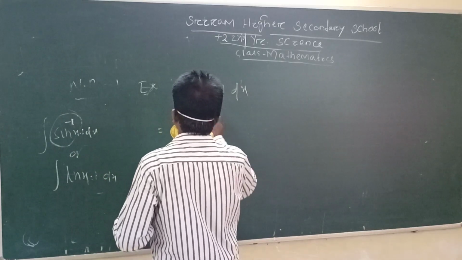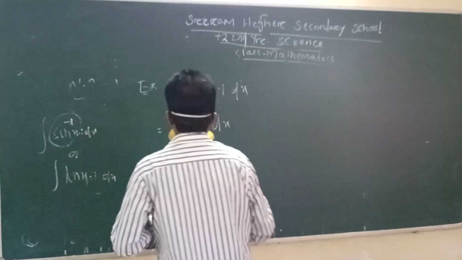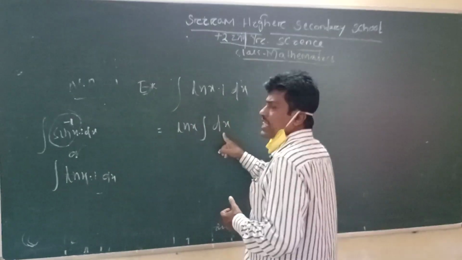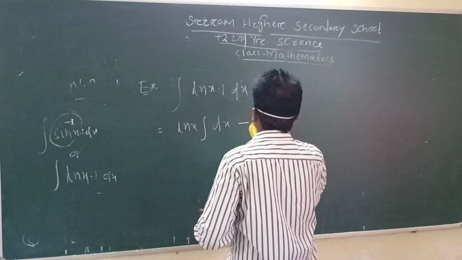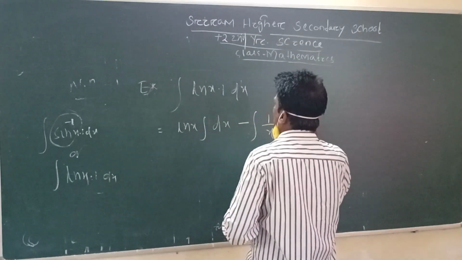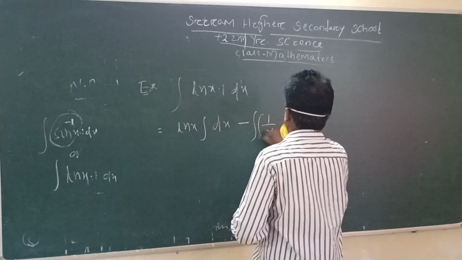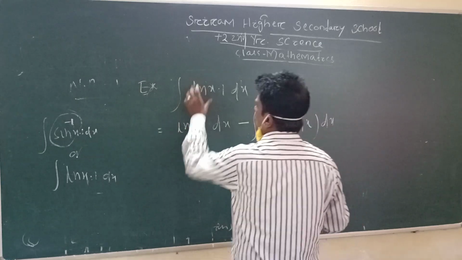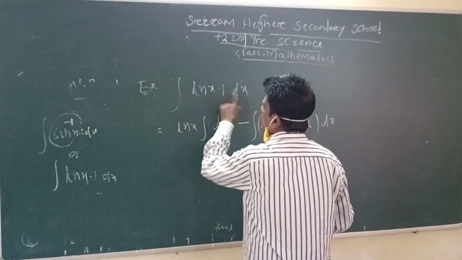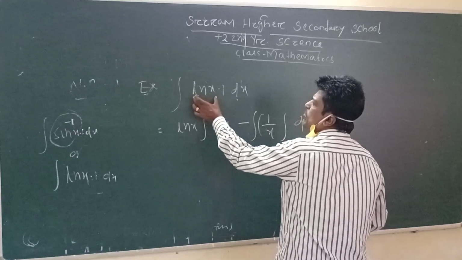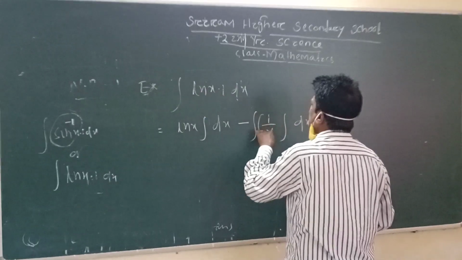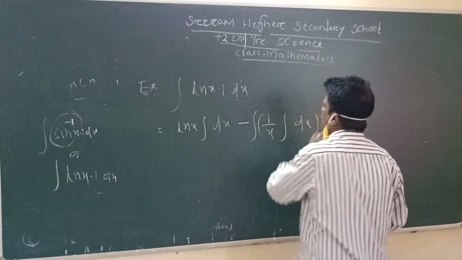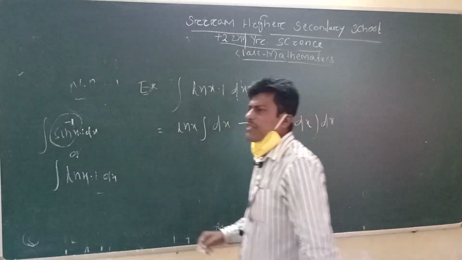So ln x times the integration of the second function, 1 into dx, minus the integration of the derivative of ln x, which is 1 by x, times the integration of the second function, whole dx. Now, the integration of dx is equal to x.